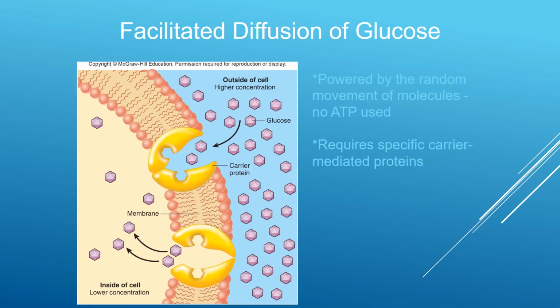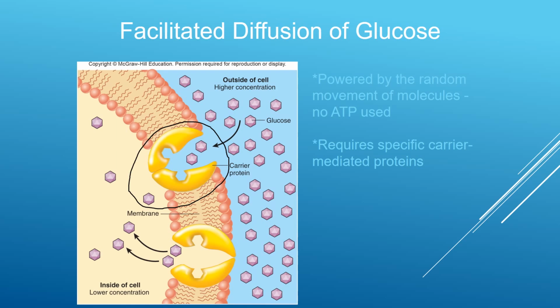Another example is facilitated diffusion, where substances move from a higher concentration to a lower concentration. However, this requires some type of carrier molecule. Here within the plasma membrane, we have this carrier protein, and this is the means by which glucose is transported into cells.